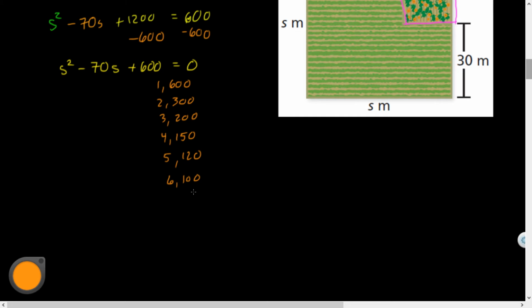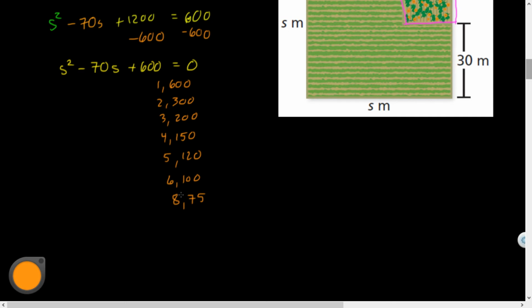So 6 and 100. Okay, still moving. 7, I'm thinking not. Does 8 work? 8 and 75 is the combo there.